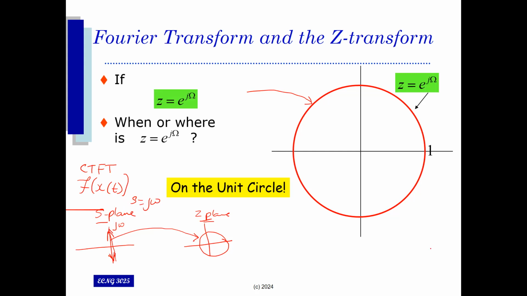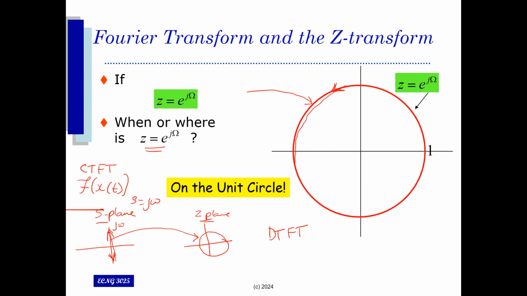So now, when we're dealing with the DTFT, which is discrete time, once you have the Z transform, if you make the substitution z equal to e to the j omega, what you're going to do in the z-plane is go around the unit circle, and this is where you get the answer for the DTFT.